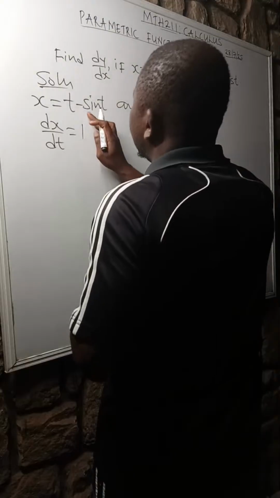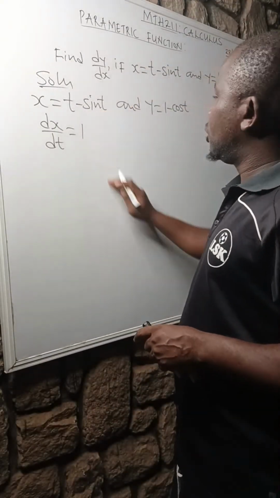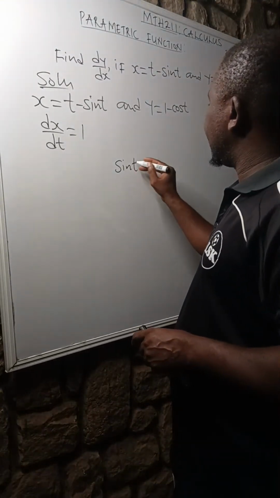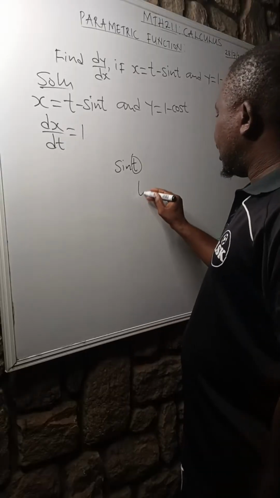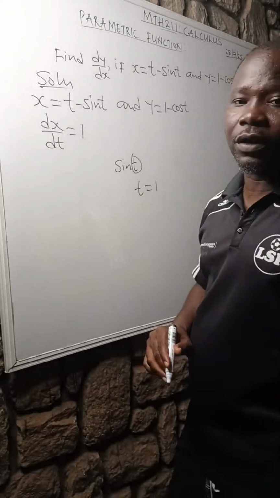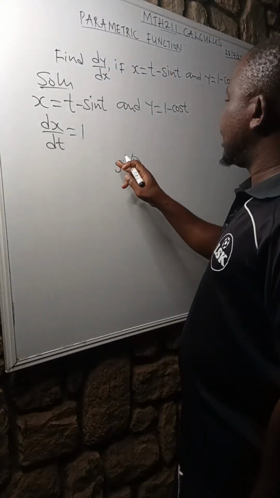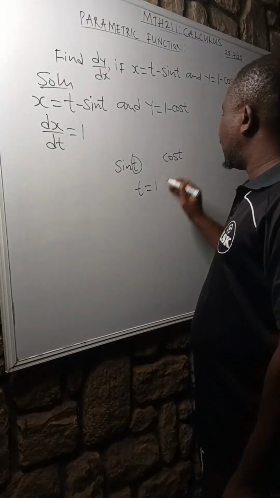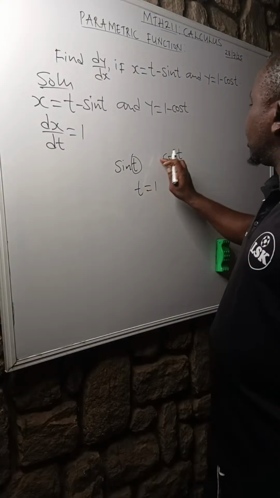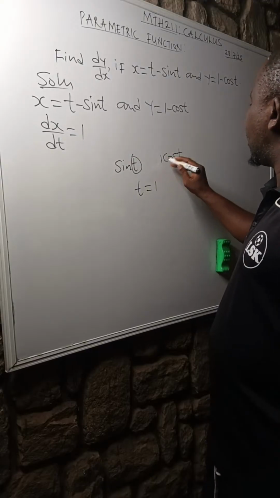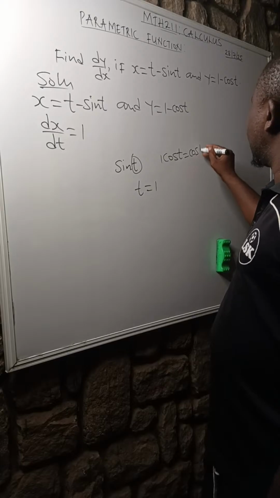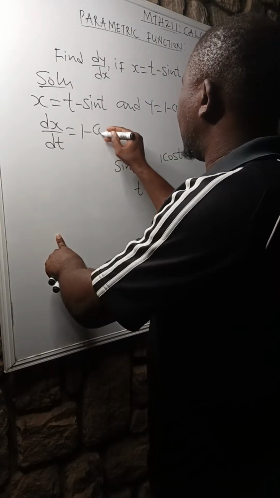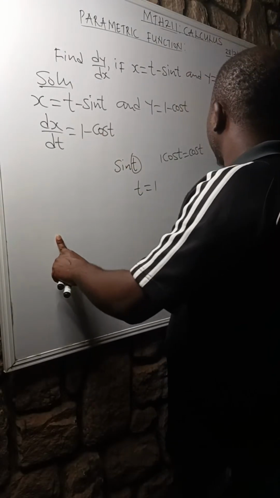Then likewise, when you see trig functions of this form, sine t, if you differentiate sine t, you are supposed to have cos t. Use this 1 to multiply what is here. So 1 cos t is the same thing as cos t. But here we have minus, so here will be 1 minus cos t.